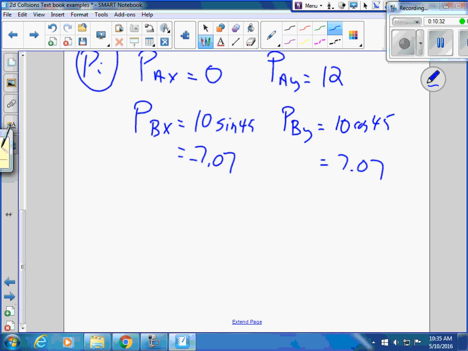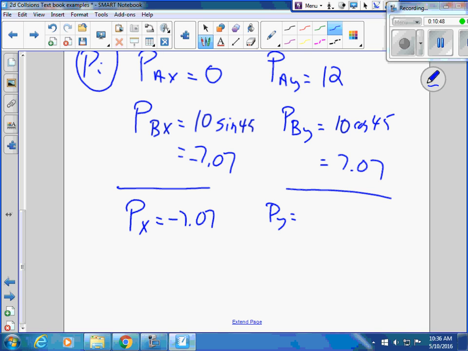Y is positive. Okay, so what's my total momentum before? My total momentum before, my px is going to be minus 7.07. And my py is going to be 7.07. Now, do I have to?